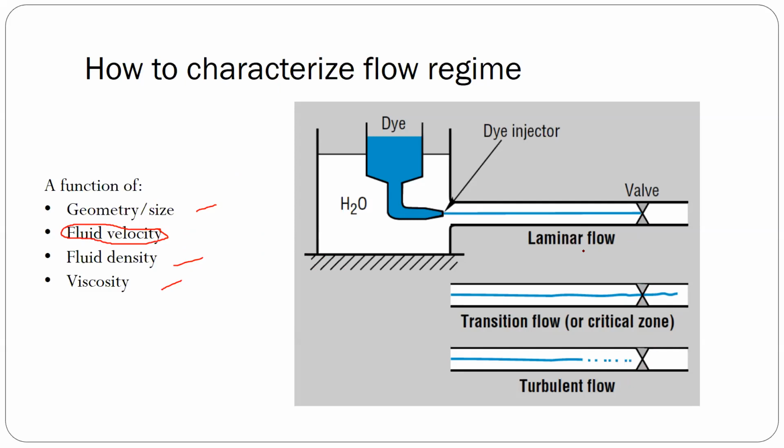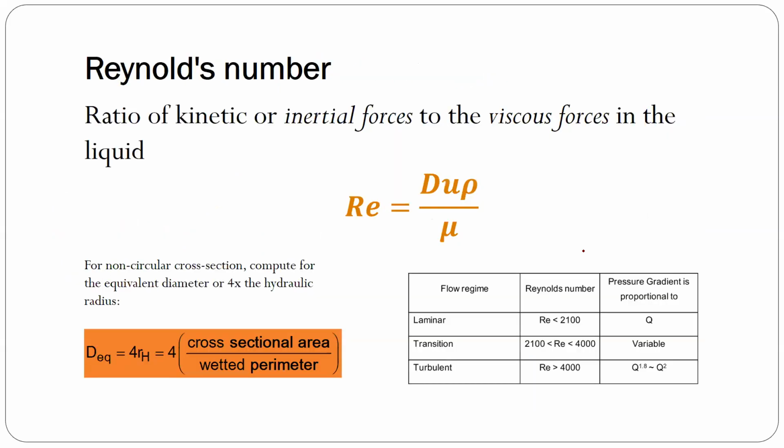It turns out that it's an interplay between the inertial forces in the fluid and the viscous forces in the fluid. So anong ibig sabihin no? Yung fluid meron siyang inertial force, and this inertial force can be a function of your diameter, your velocity, and even your density.